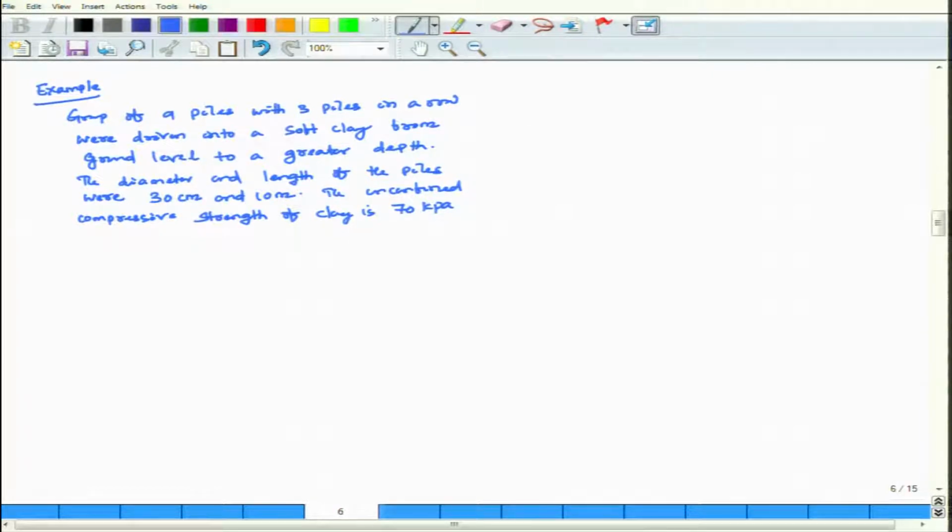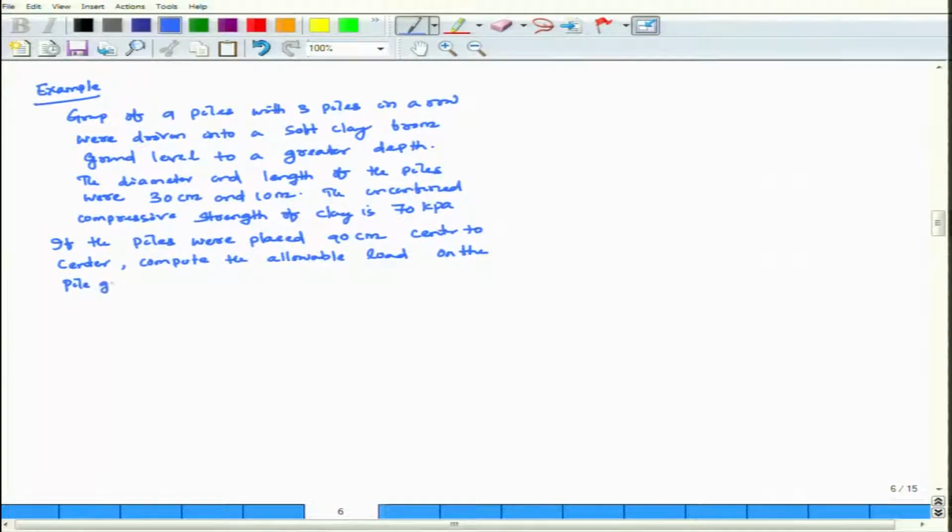If piles were placed at 90 centimeter center to center, compute the allowable load on the pile group for a factor of safety of 2.5.